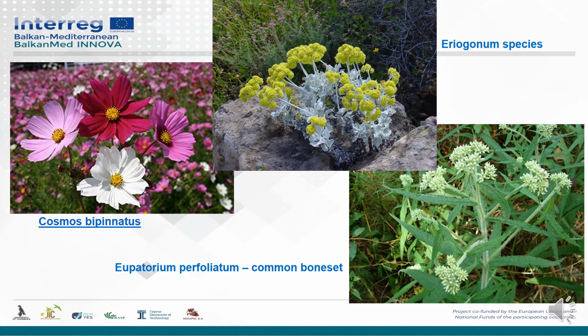Cosmos bipinnatus, common boneset, Eriogonum species. All of them we know. We often find them in the Mediterranean. And many times we don't know how important they are for our crops and for the health of the ecosystem.